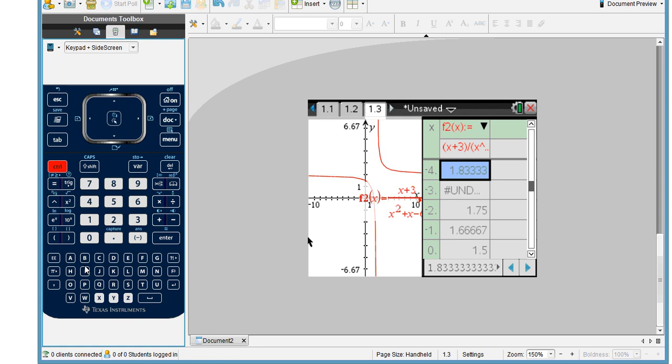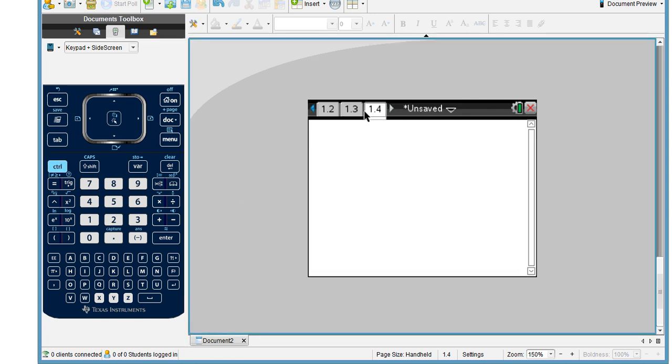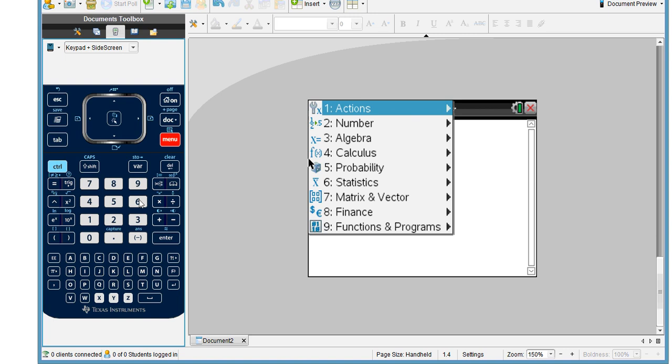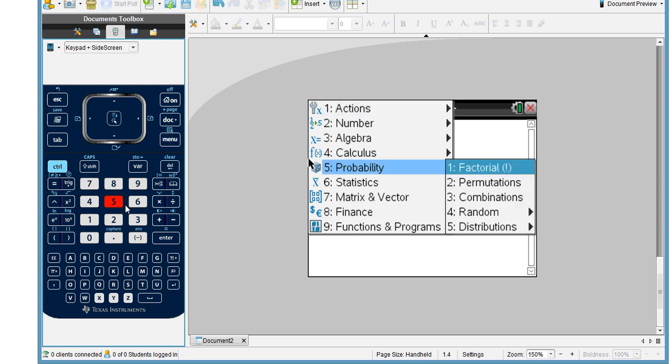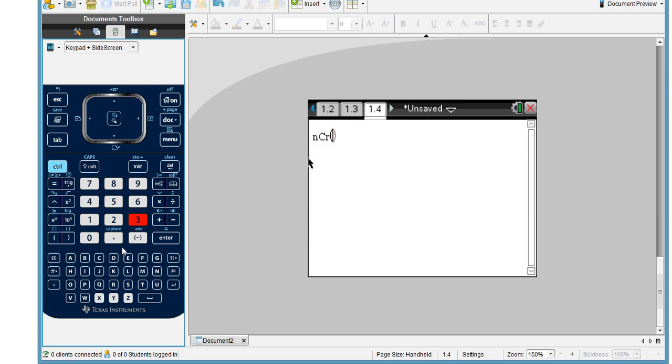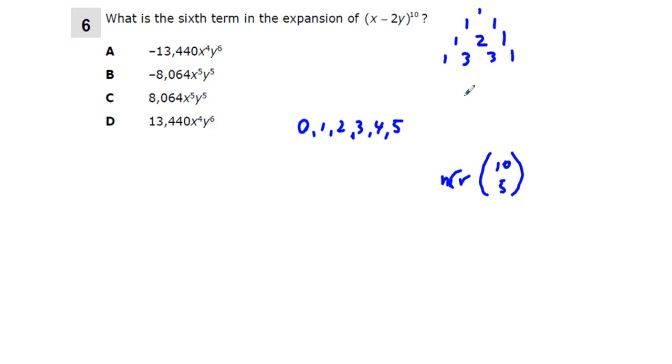I'm going to go Control I and go to Add Calculator, Menu, Probability, and 3, Combinations. So nCr 10, which is the exponent of the expansion, comma, and press Control, close parentheses, we'll get a bracket. We want the 6th term, so we put in 5. That's going to give us our coefficient, which is 252. If we expanded it with Pascal's triangle, that would be quite something. So 252 would be our coefficient.